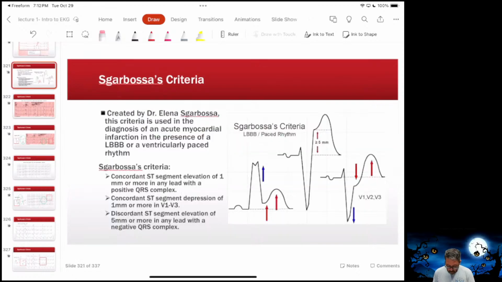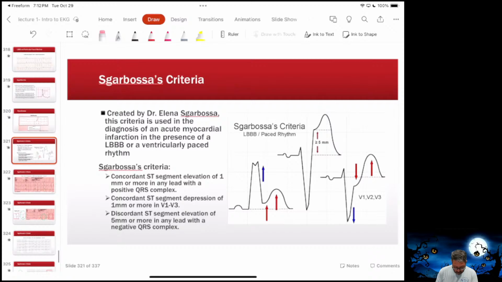Okay, so Scarbosa's criteria, why would you want to use it?